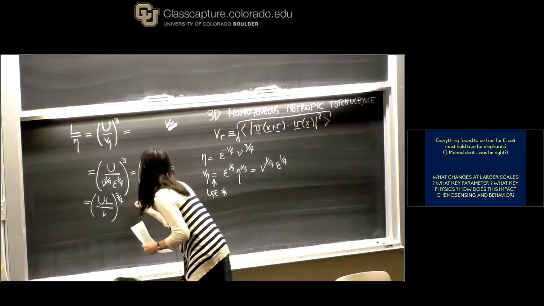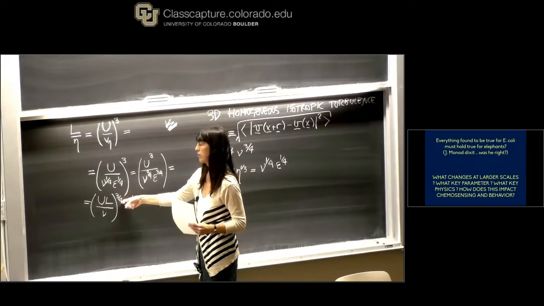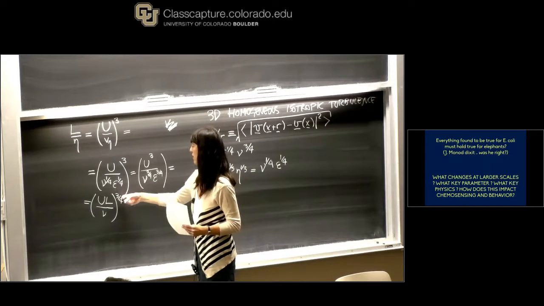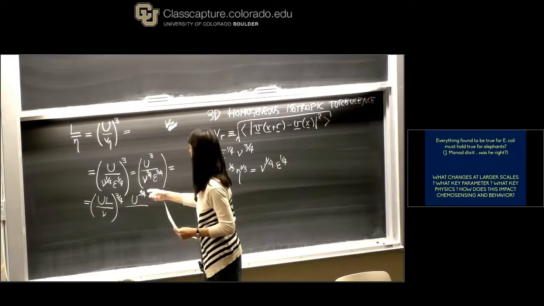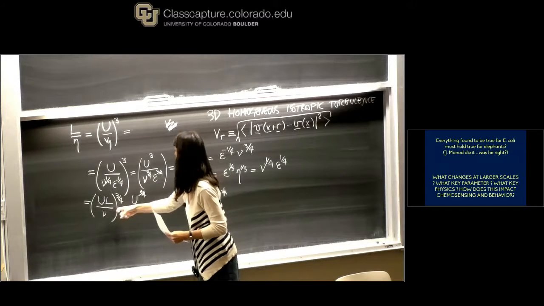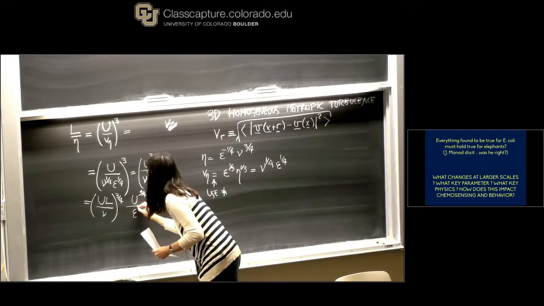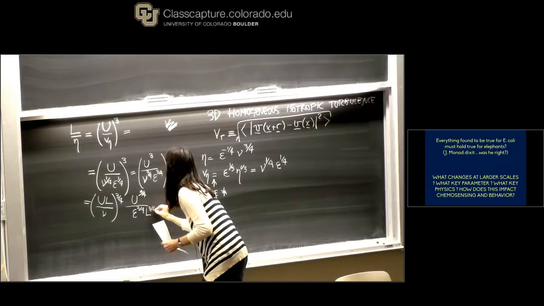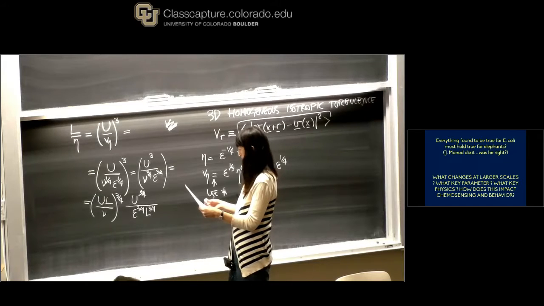Okay, because I know this is the answer, and then everything that comes out should be a 1. I have a U to the 3rd minus 3/4, which is 12 minus 3, 9. And then I have a nu to the 3/4. Epsilon to the 3/4, I need to put it here. And then I have an L to the 3/4. Okay, and I hope this is right.